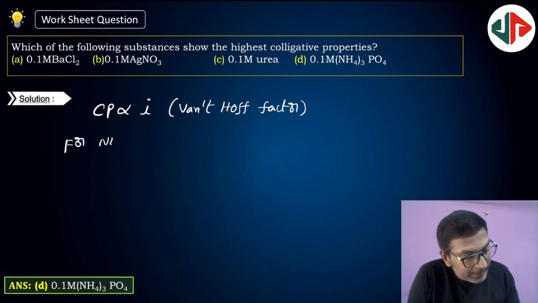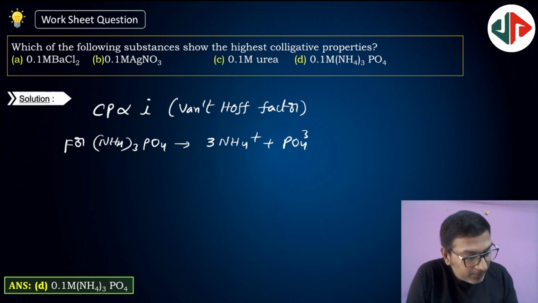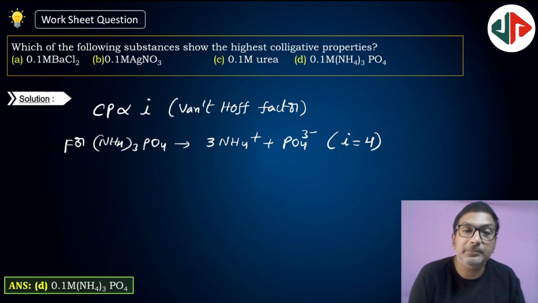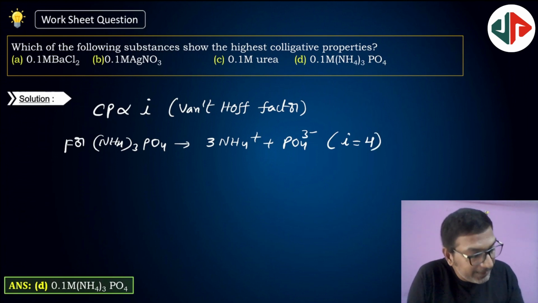Therefore, for (NH4)3PO4, it dissociates into 3 NH4 plus and PO4 3 minus. Therefore, i value equals 3 plus 1, which is 4, the highest value. For BaCl2, i value is 3: Ba2 plus and 2 Cl minus.